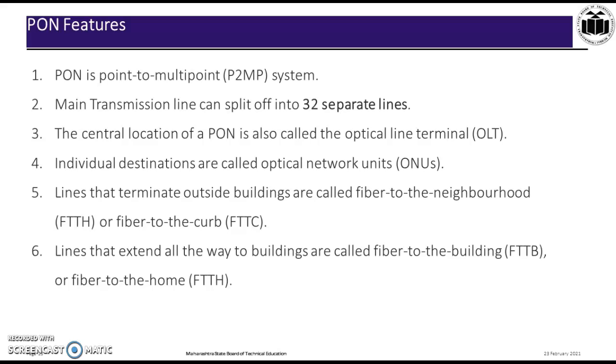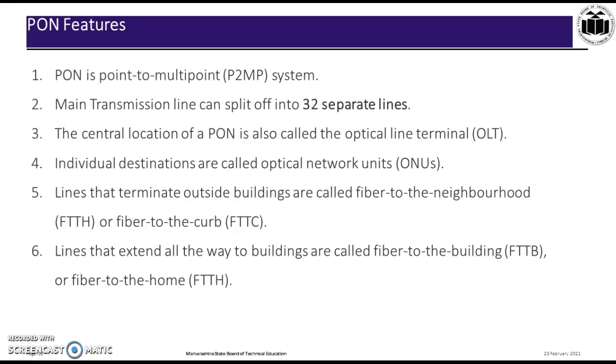Now let us discuss the various PON features. The PON is a point to multi-point system. The main transmission line can split off into 32 separate lines with the help of a splitter. The central location of the PON is also called the OLT, optical line terminal. Individual destinations are called the ONUs.